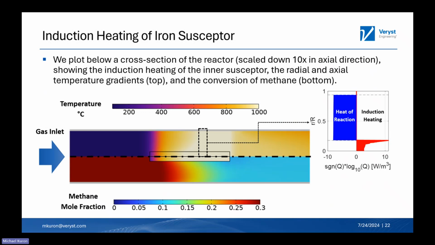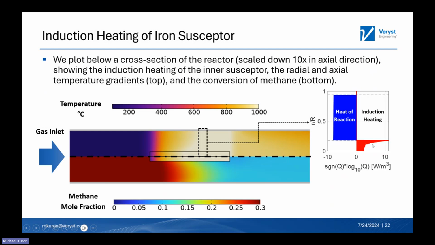What we plot on the right is basically how the heat of reaction balances the heat induced in the susceptor. So you have, again in log scale, a very sharp concentration of the heat generation rate near the surface. This vertical coordinate is the normalized radius.